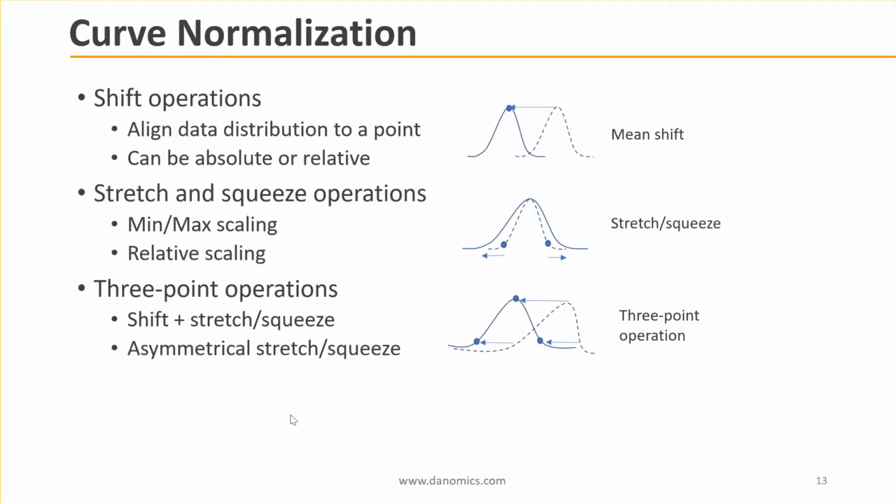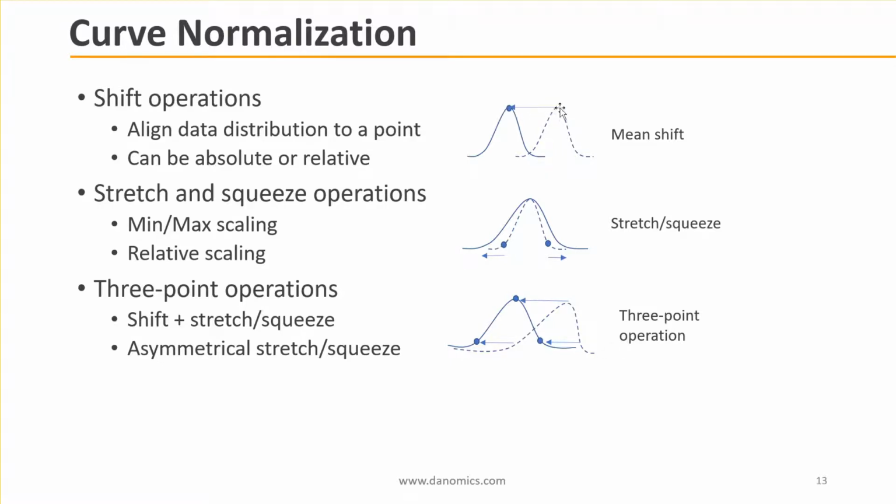So to start off, curve normalization is one of the options that can be done to help clean your data. There are a few different ways you can do this. You can do shift operations, which essentially you take a curve and you add or subtract an amount to it.